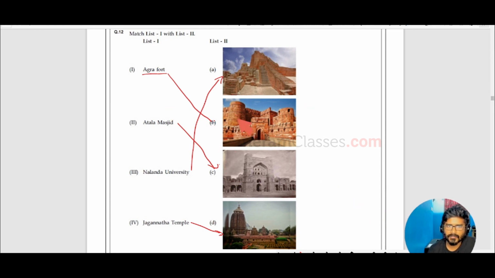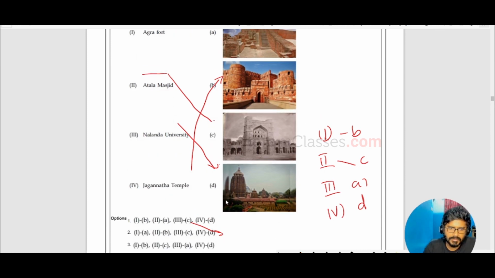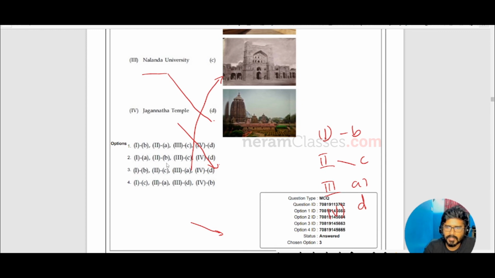So the answer for this would be, one will be B, and two, Attala Masjid, will be C, and 3 will be A, and 4 will be D. So we'll compare this with the options. One is not there, A, B, C, A, D. So option C is the right answer. B, C, A, D. So this is the right answer.